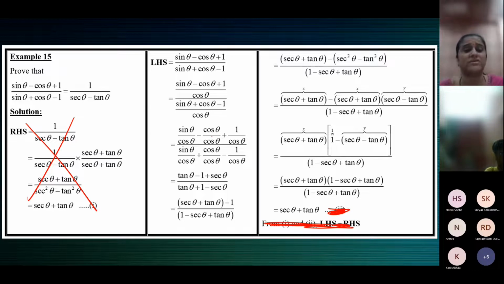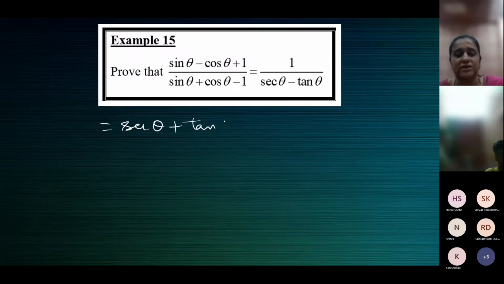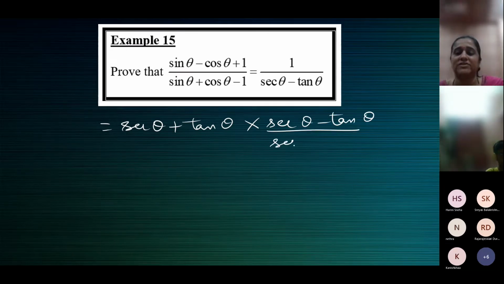What's the RHS? 1 by secant theta minus tan theta. But I've got only secant theta plus tan theta, so I have to work ahead. How do you continue? Multiply and divide by secant theta minus tan theta.